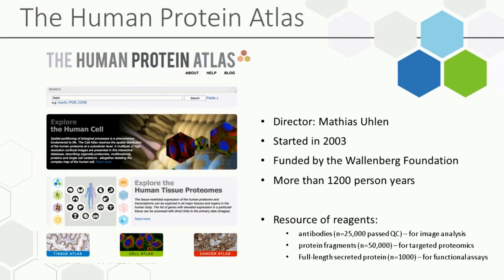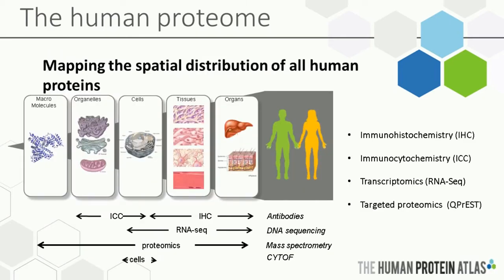This is a knowledge base portal for scientists and researchers, but we have also created a resource of reagents such as antibodies, which have passed the QC that we've done, recombinant protein fragments that we are now using for targeted proteomics. And then lately, and I will say a little bit about that, full-length secreted proteins that can be used for functional assays.